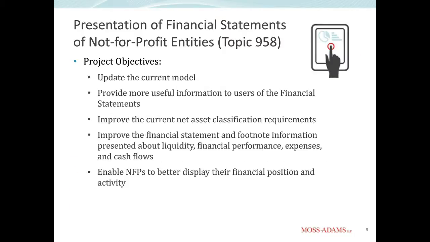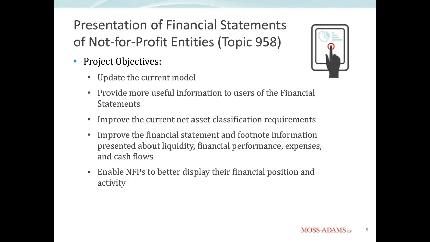So in August of this year, the FASB did issue a standard that was really intended to simplify and improve how a not-for-profit organization classifies its net assets, as well as the information it presents in the financial statements and notes about its liquidity, financial performance, and cash flows.